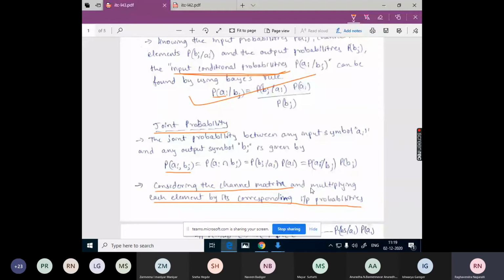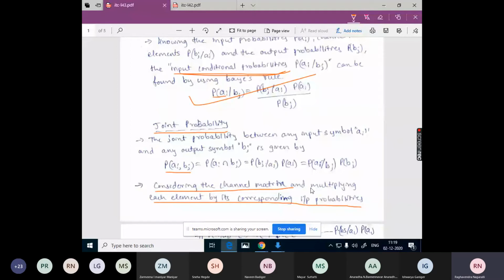This is P of B1. This is P of B2, and this is P of B3, which is missing, which we need to find. So we need to find this P of B3 now.